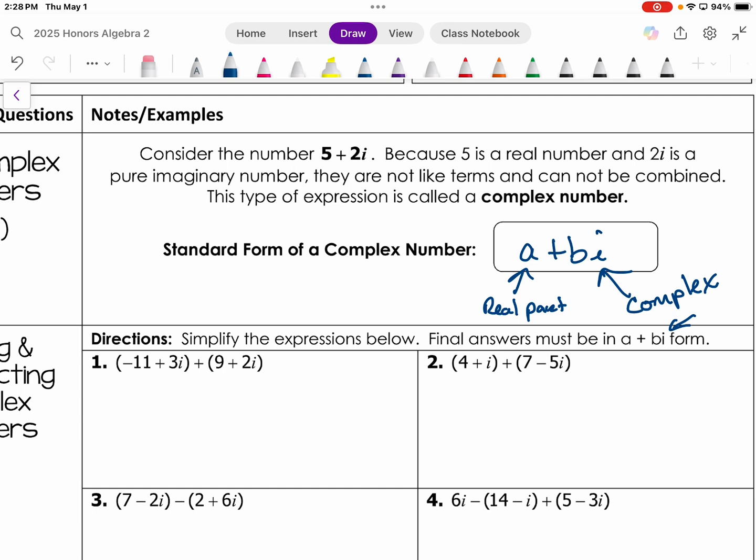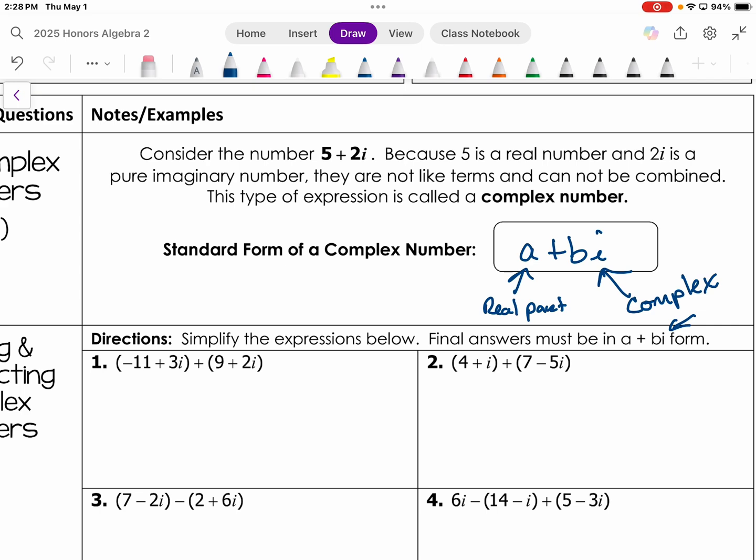Biggest exponent, down to the constant at the end. Same thing goes with complex numbers. There's a set format it needs to be in. Real number first, plus or minus the complex part, the part that has the i on it. When it's all said and done, there's only one correct representation to have it shown as.